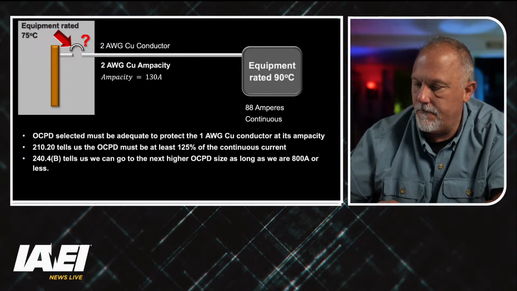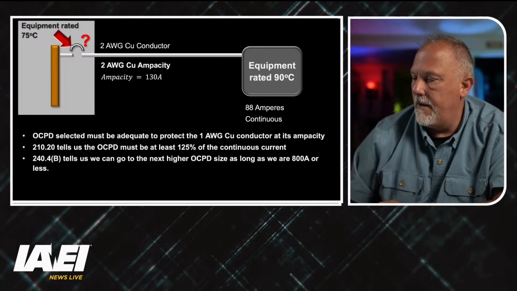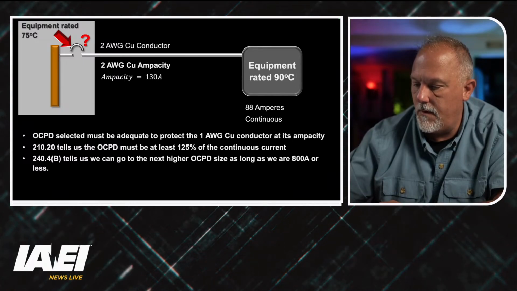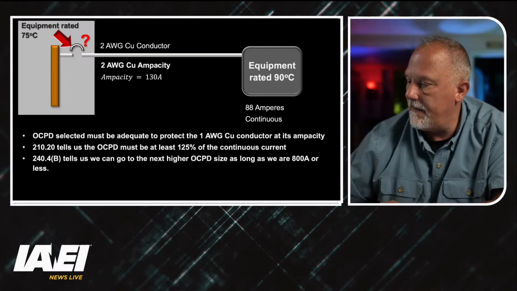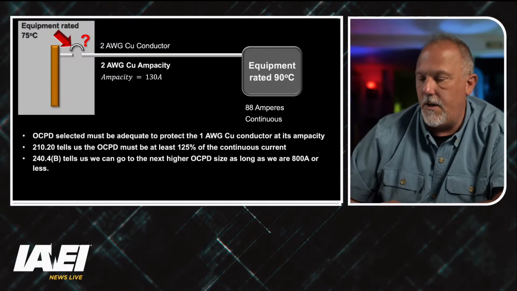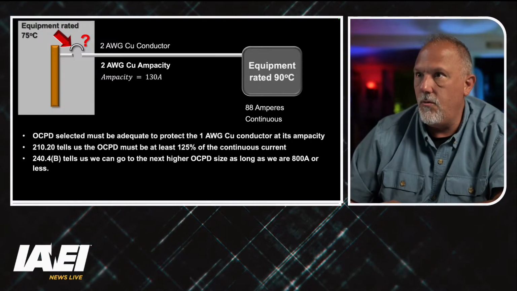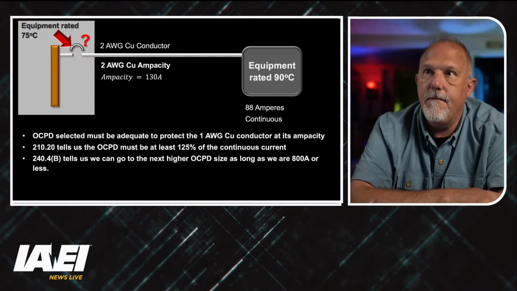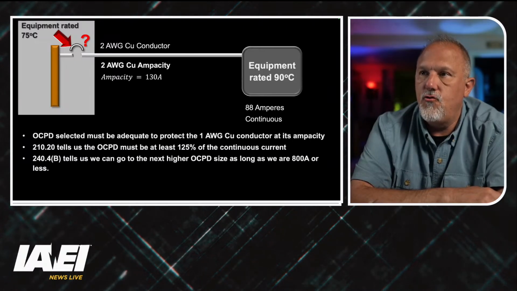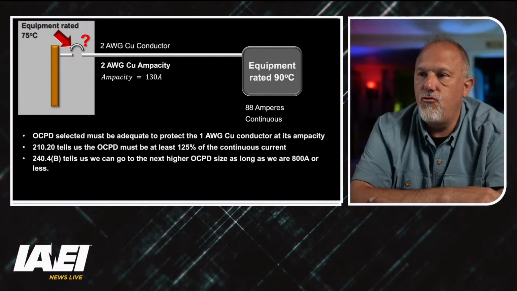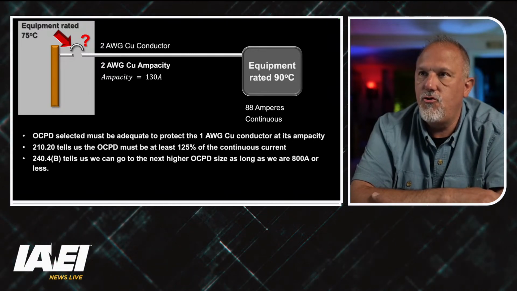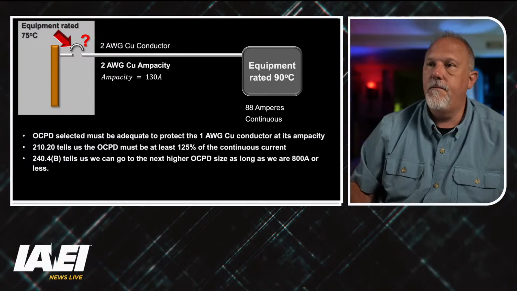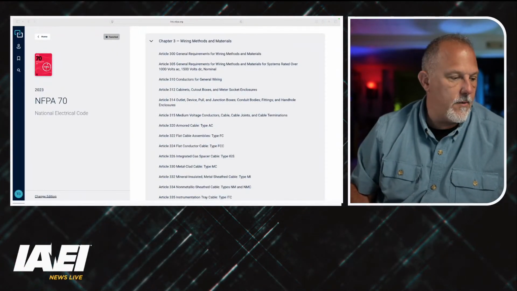Table 310.16, expand the table, the ampacity of a 2 gauge is 130 amps, that's the 90 degree C column. Nope, that's wrong.